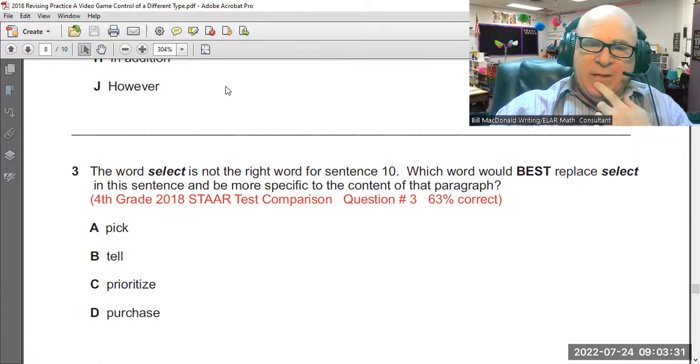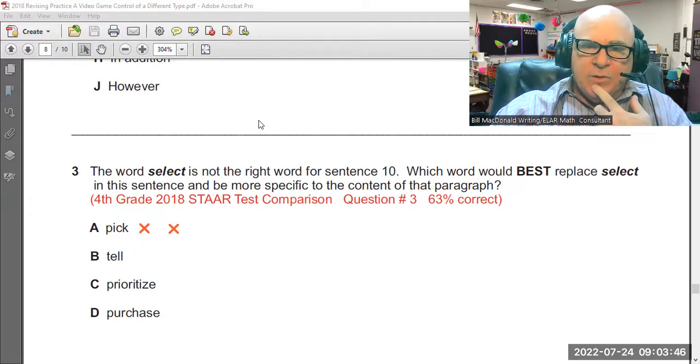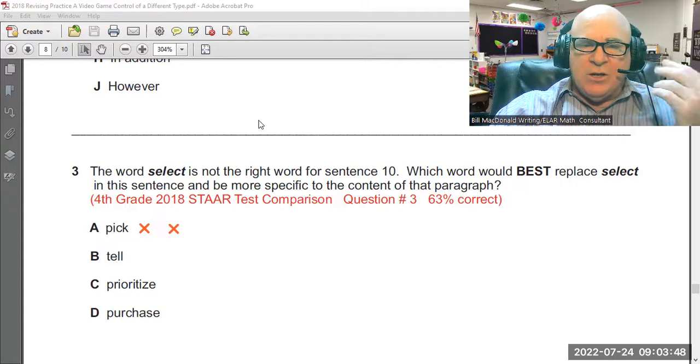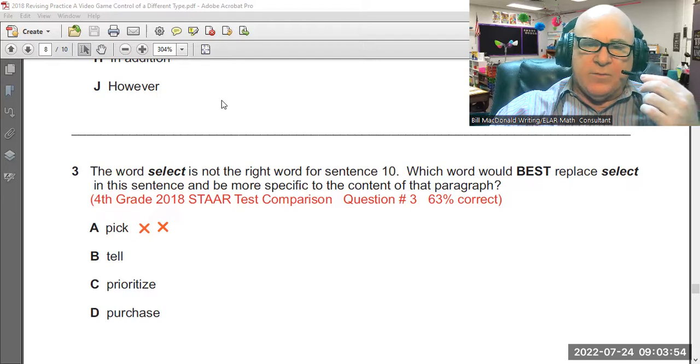Well, since pick in this case sounds too much like select, it would make sense to eliminate it because all I was doing was changing a vague answer to another vague answer.